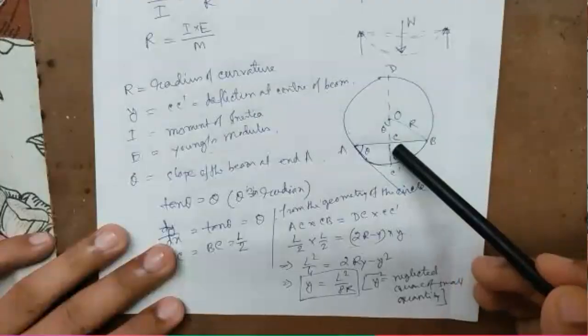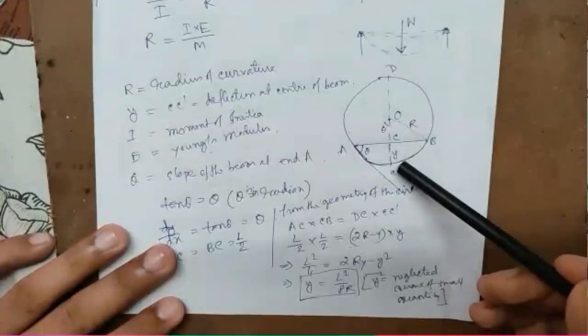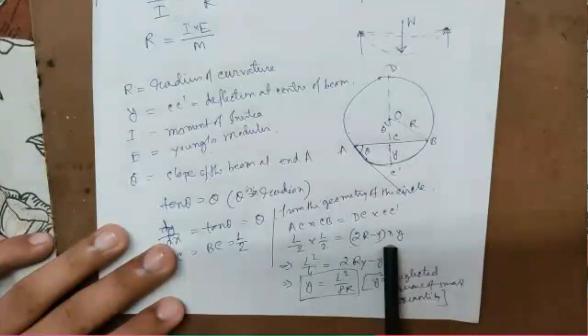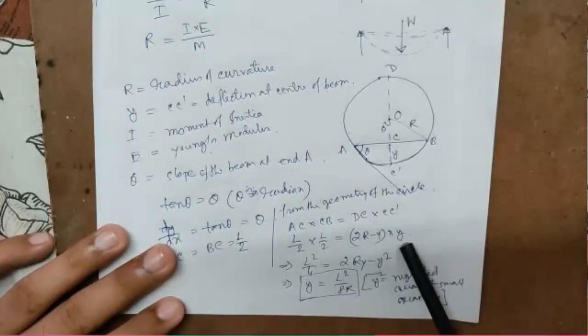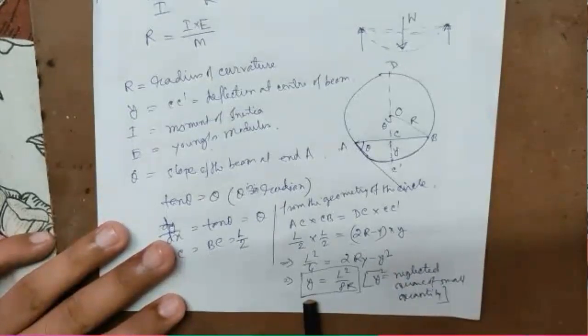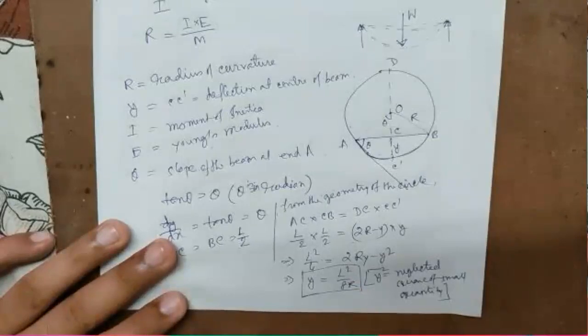So DC will be equal to 2R minus Y. We have written here 2R minus Y into CC dash, which is Y. By simplifying, we have found Y equal to L square by 8R, and that is what we will use in the next scenarios.